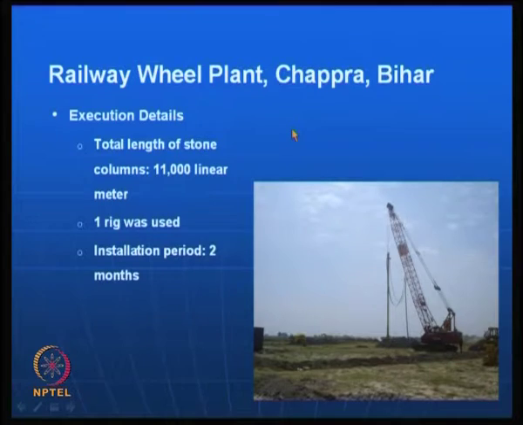So, I am sure that with many of these ground improvement techniques in practice, one can understand stone columns as a viable method for improvement of ground. And I should say that there are many issues there.